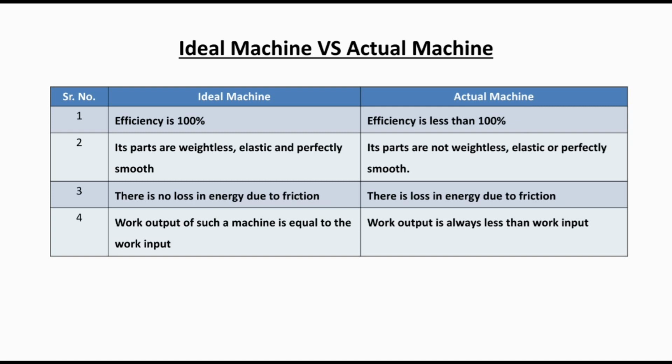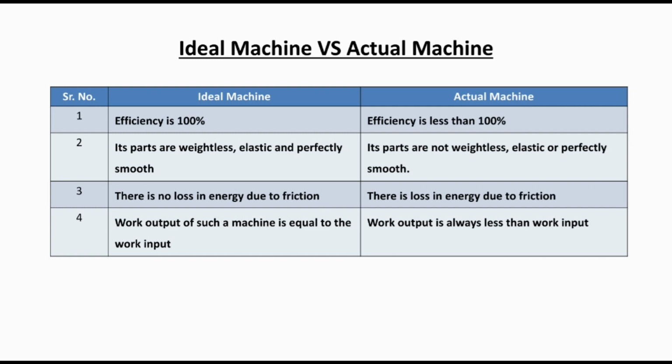Now ideal machine versus actual machine. So efficiency of an ideal machine is always 100%, but in an actual machine efficiency is never 100%, it is always less than 100% because of the loss in friction and the weight of the parts of the machine. Second, in case of an ideal machine, the parts are weightless, elastic and perfectly smooth.